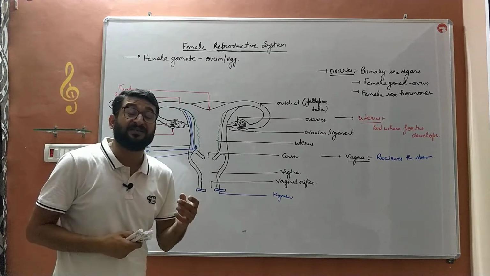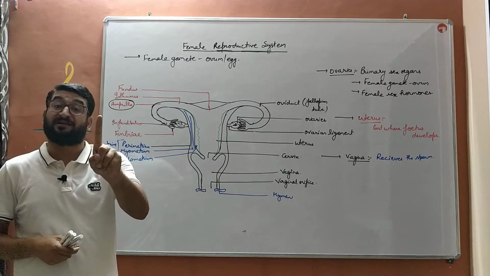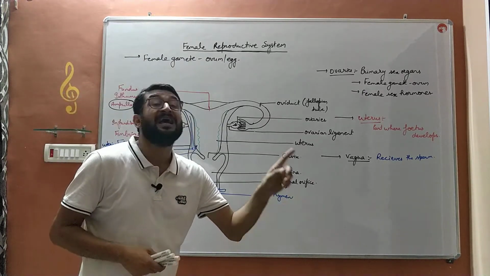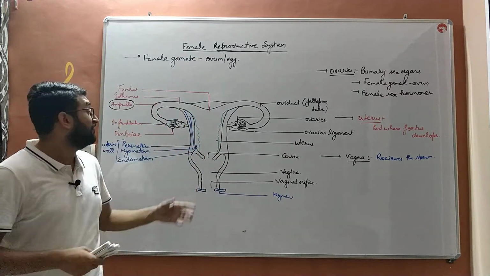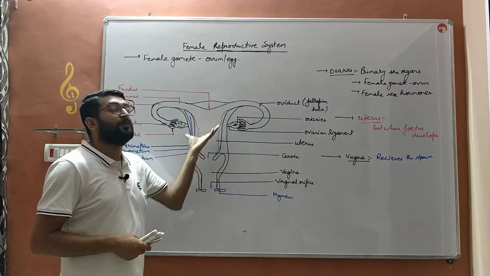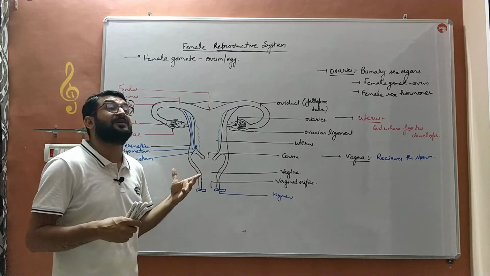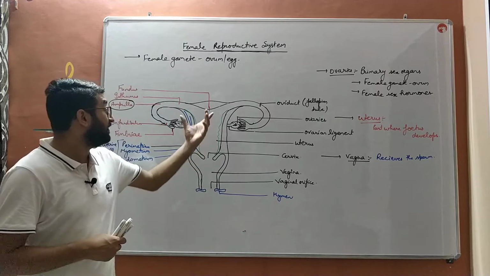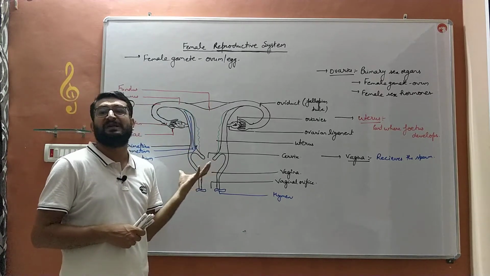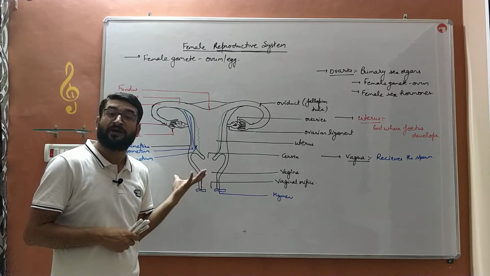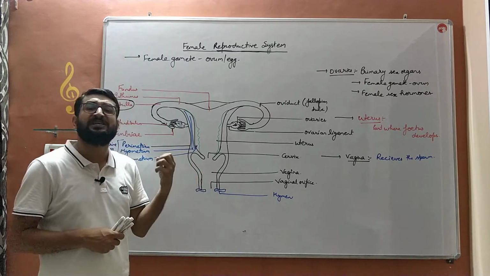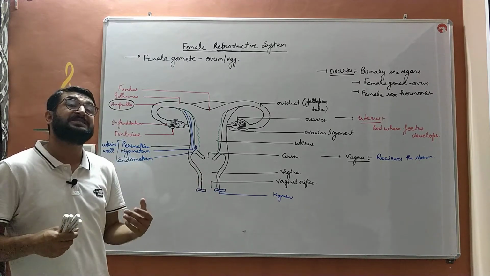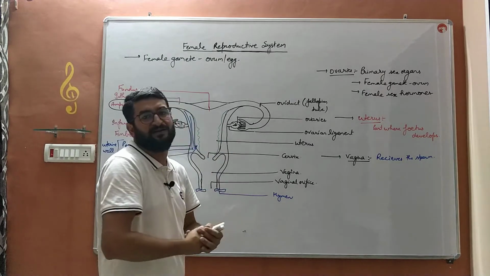In males, we have discussed that one system is there for the expulsion of urine as well as for the semen, but in female, the female reproductive tract is not connected to the urinary bladder. So, in females, only one system is there, that is the reproductive system, which receives the sperm and where fertilization takes place.